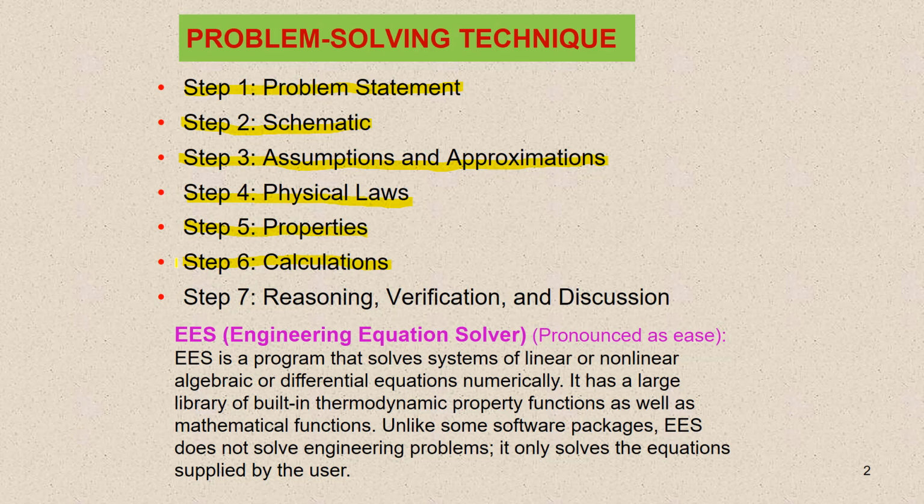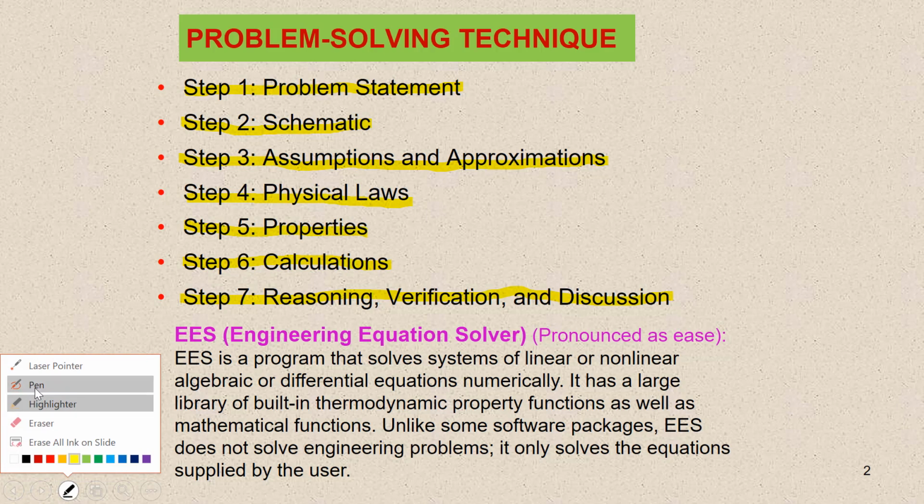Round the results to an appropriate number of significant digits. And step 7, reasoning, verification and discussion. Check to make sure that the results obtained are reasonable and intuitive, and verify the validity of the questionable assumptions. Repeat calculations that resulted in unreasonable values if necessary.